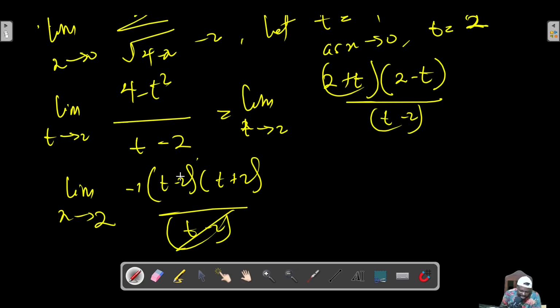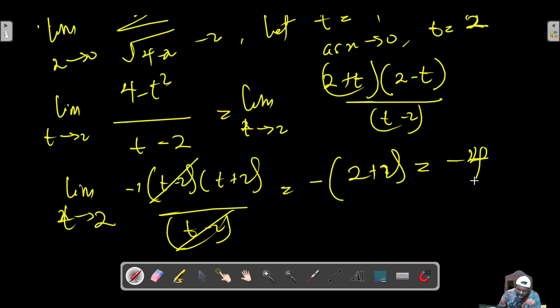My t minus 2 cancels out, so I end up with negative. As t approaches 2, my answer will be the negative of 2 plus 2, and I end up with negative 4.